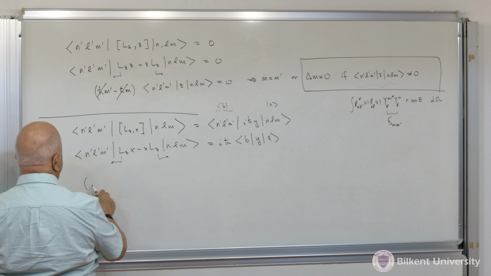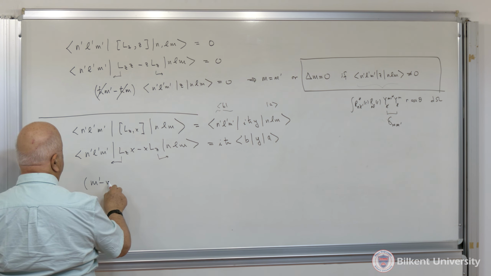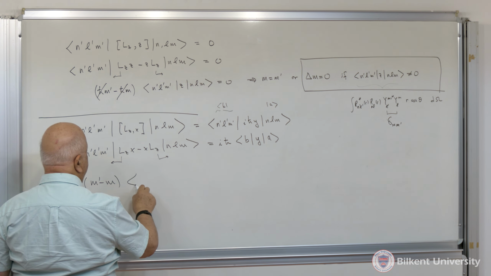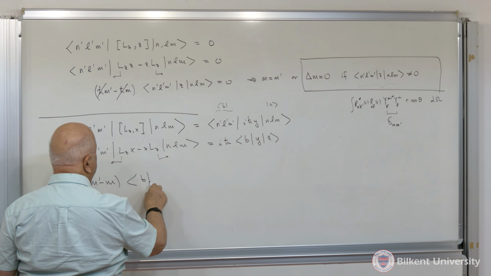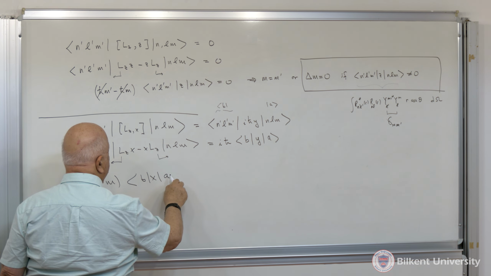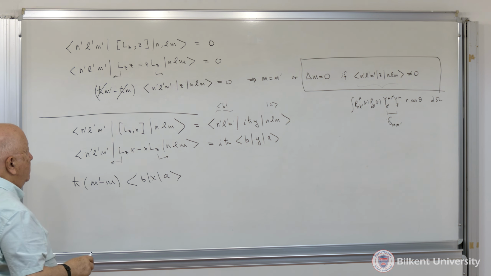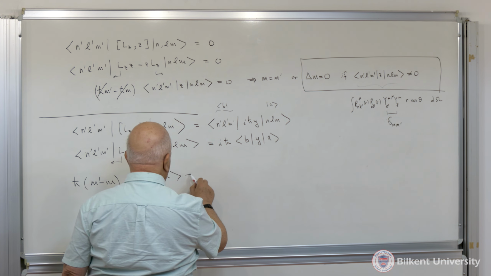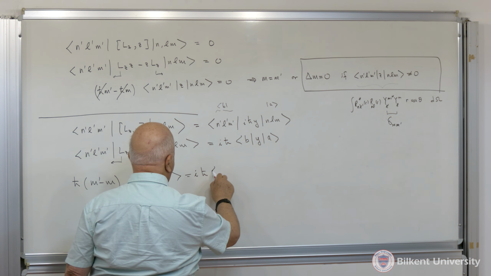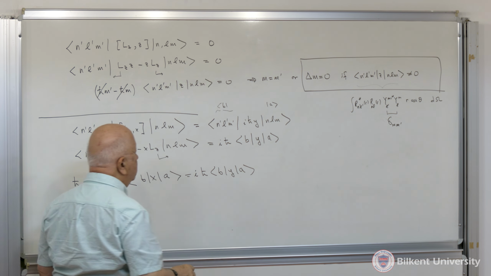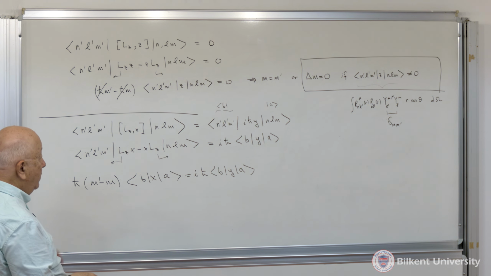I get (m' - m) ħ times the expectation value of <B|X|A> is equal to i ħ <B|Y|A>.